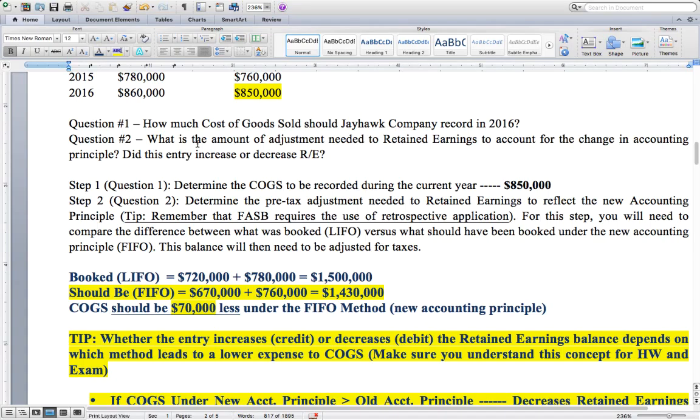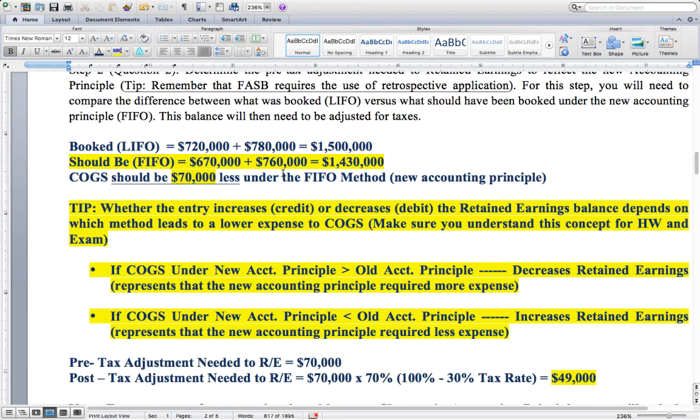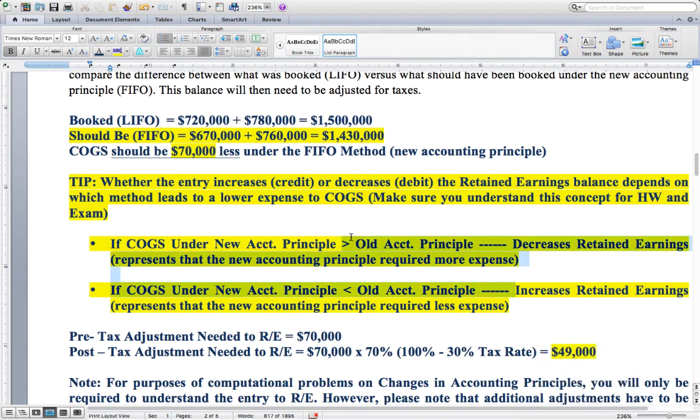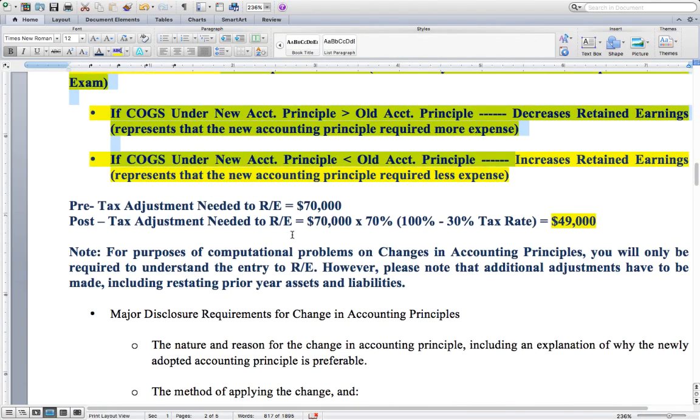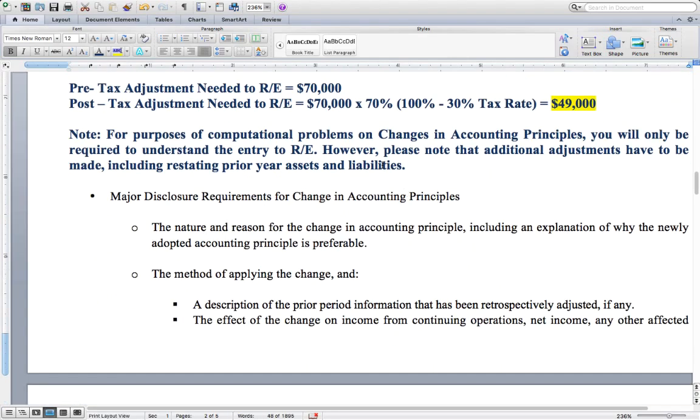It will be very similar to this kind of problem for your homework and your exam. If you understand this concept of determining the difference, what should have been higher or less, and how this part right here adjusts retained earnings, you should be able to get the computational problems with no problem for this section.